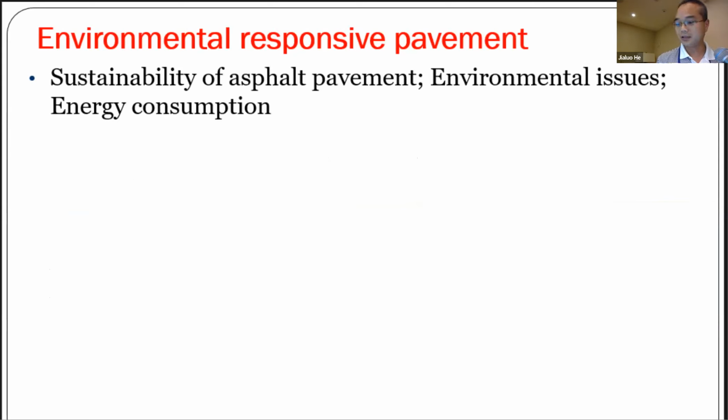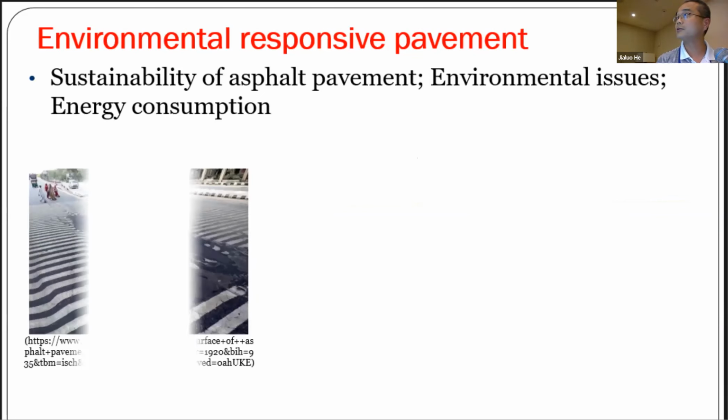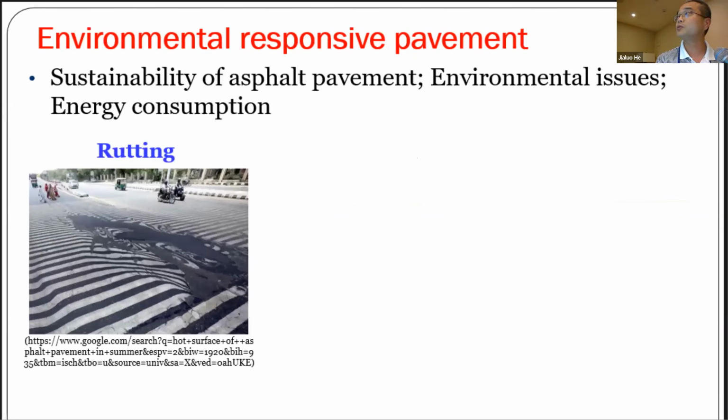Essentially, we define this as what's called environmental responsive design. For the case of pavement, there are a lot of environment-related performance issues. At high temperature, we typically have a lot more rutting in the pavement structure.